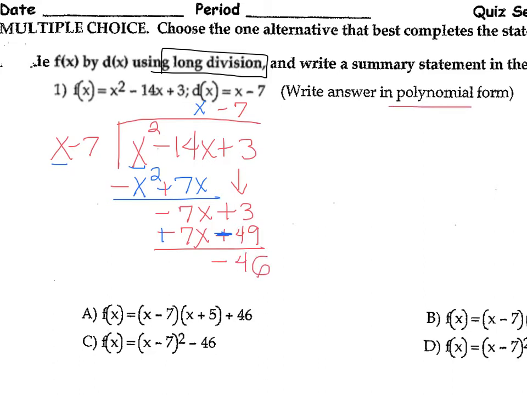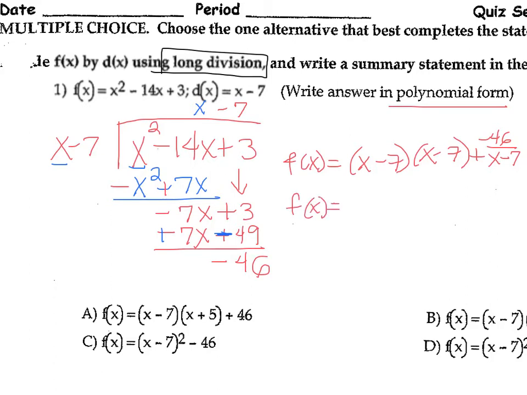So in polynomial form, that would be f of x equals x minus 7 times x minus 7, plus negative 46 over the divisor, which is x minus 7. That is the same thing as saying x minus 7 quantity squared, plus negative 46, or just minus 46.